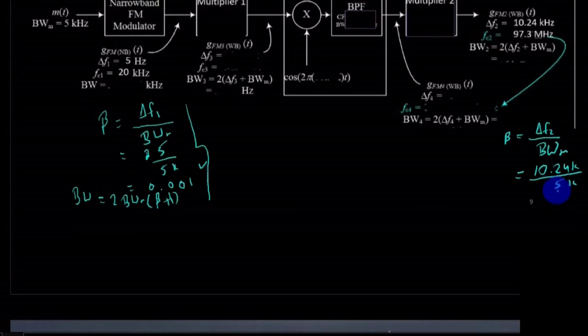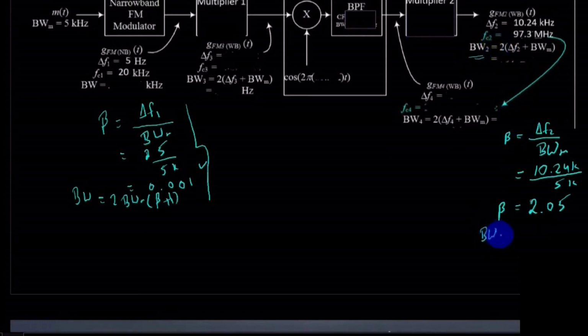And this would be equal to 2.05. So this is again another check that it is greater than 0.3. So this is an example of wideband FM.